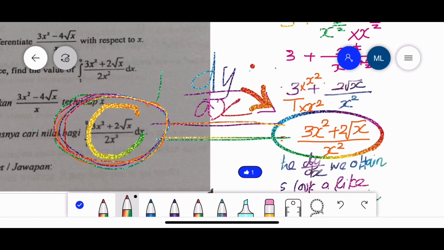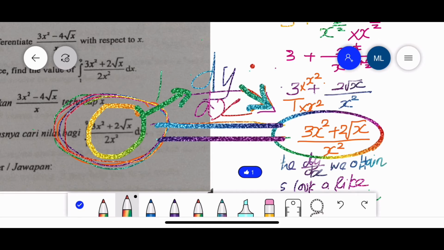So because the question is asking half of my dy dx, it's not the whole dy dx. You understand? If the question asks without the 2, then I will write the y, then substitute the limit 1 to 9, then I will solve it. But because the question there got half, it's divided by 2. It's not 2 times, it's 1 over 2 times.